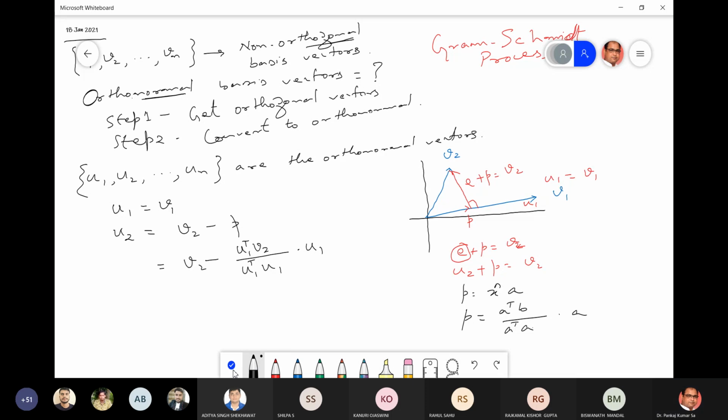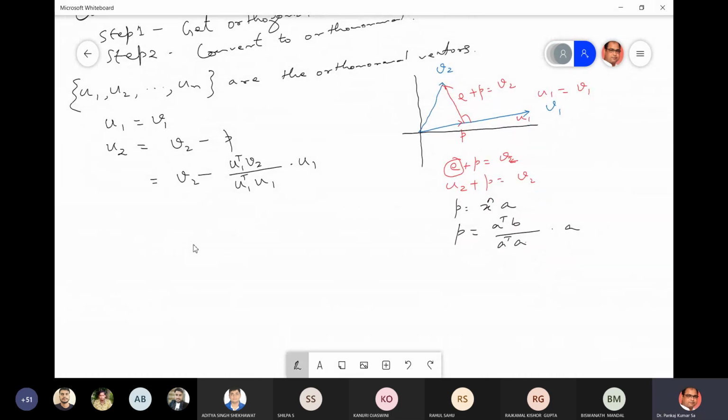Yeah, that's it. Now can you correlate these two? Are U1 and U2 orthogonal to each other? Just check whether U1, U2 are orthogonal. If they are orthogonal, U1 transpose U2 becomes zero. I am pre-multiplying U2 with U1 transpose.